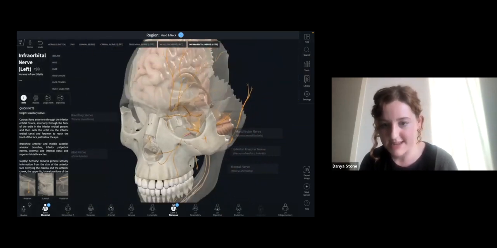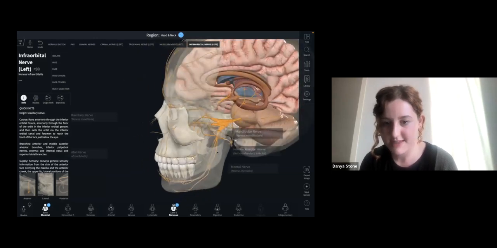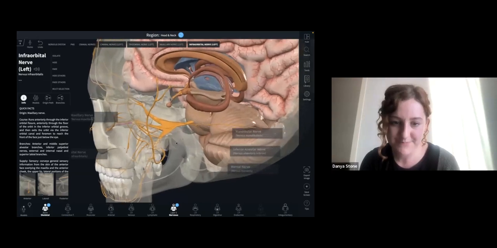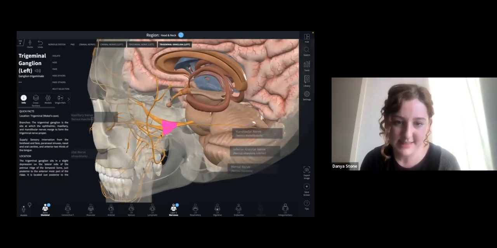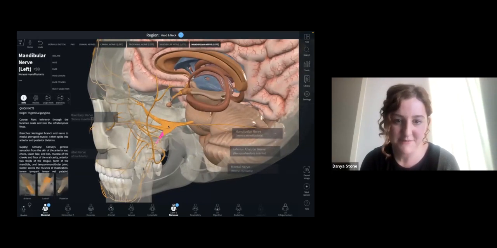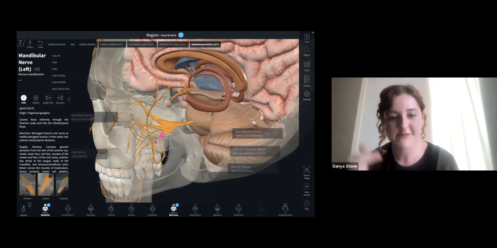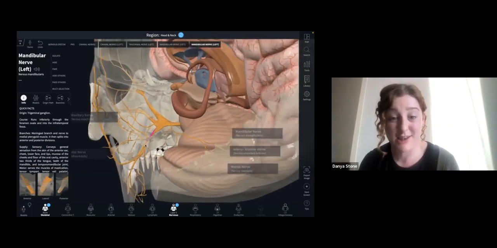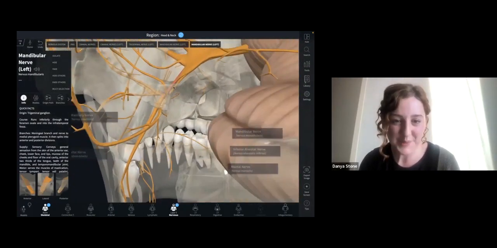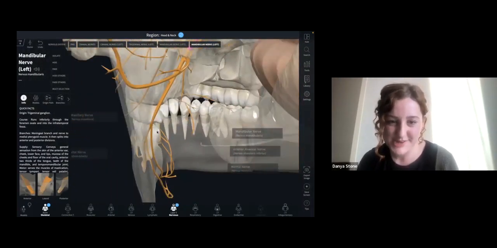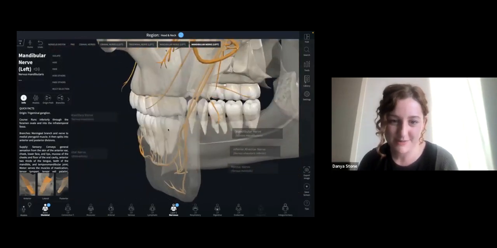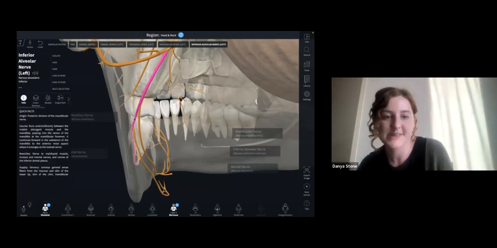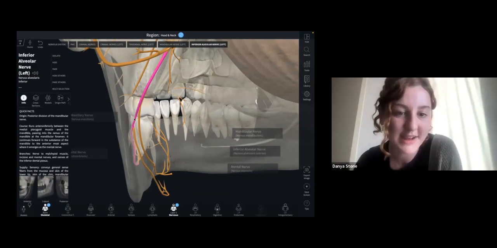And then finally, just to show you the most interesting nerve, I think, is the mandibular nerve. Here we can see the mandibular nerve branch. So this is the third division of our trigeminal nerve. And this nerve does a lot of things, and we're not going to cover all of them. I just want to show you one that I find quite interesting, and that is this branch just here. So this is the inferior alveolar nerve.